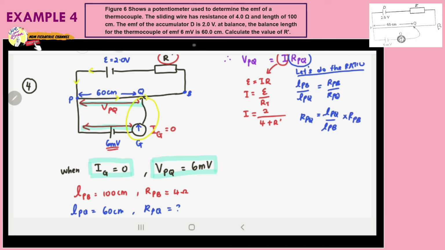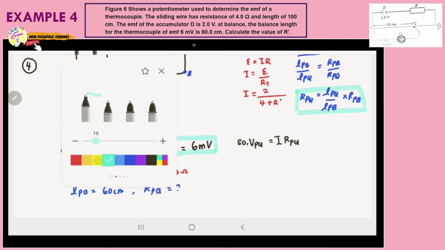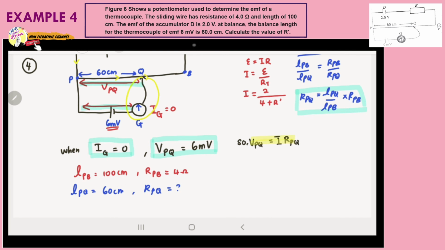We can use this information later in order to solve our problem. As we know, VPQ is equal to I RPQ, so I want to highlight that first.